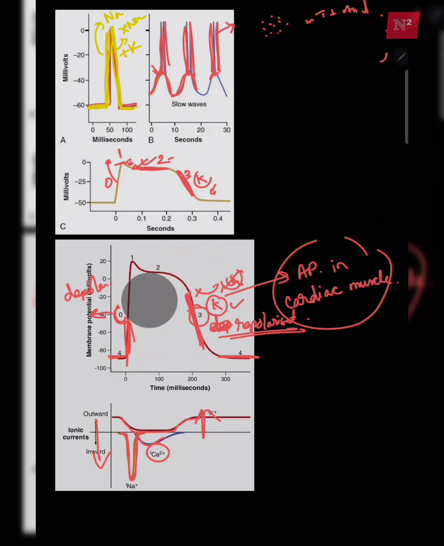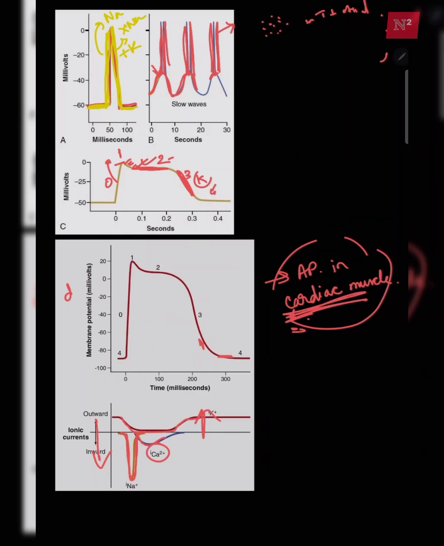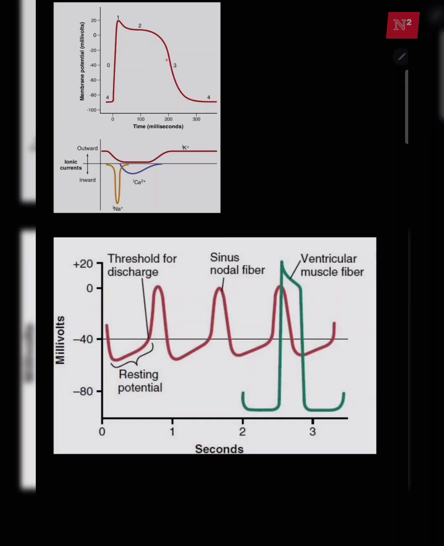Now remember, this is the action potential of a general cardiac muscle, not the pacemaker cells. Now comparing with the last curve, the action potential in cardiac muscle, especially the ventricular muscles, looks like this.